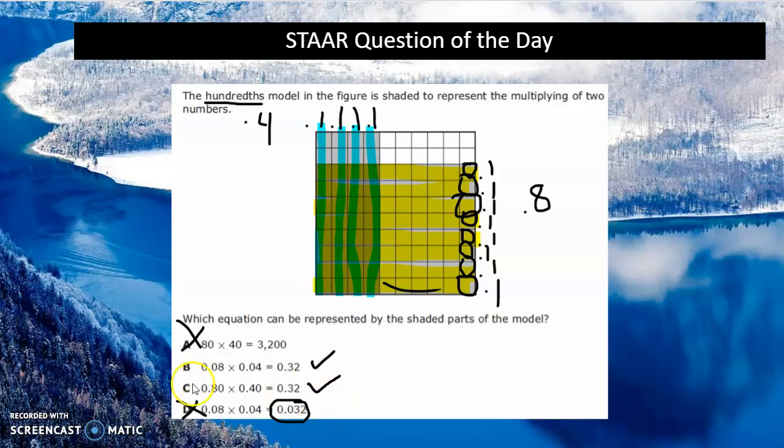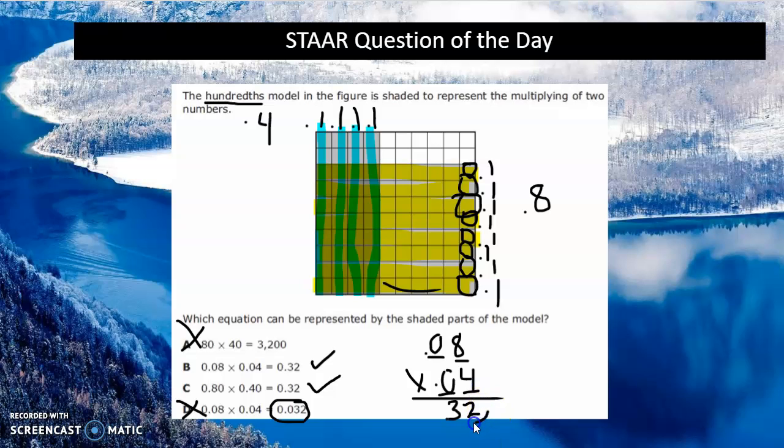Another way you could have figured this out is to actually have multiplied these numbers together. So if we had actually multiplied 8 hundredths times 4 hundredths, we can pretend like we're multiplying whole numbers. So we would multiply 8 times 4 and we would get 32. And then we would underline, and that's actually 4 places.